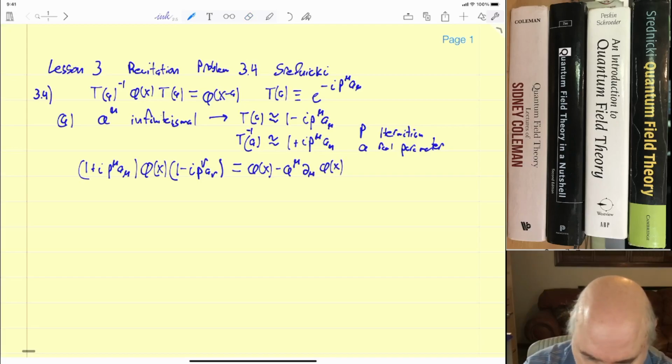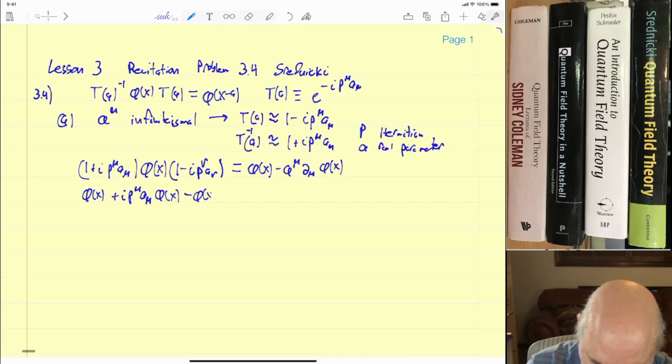So, keeping only terms to first order, we're going to get phi of x plus I P mu A mu phi of x minus phi of x. Now I'll keep the index for now, but you can see that we can use the same index. It's a dummy index.